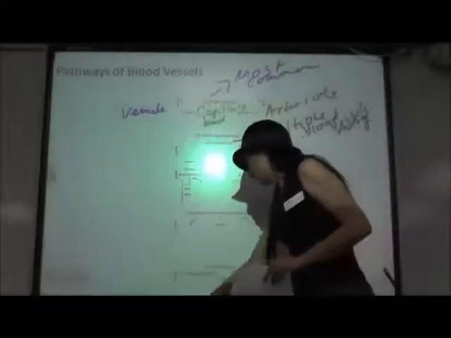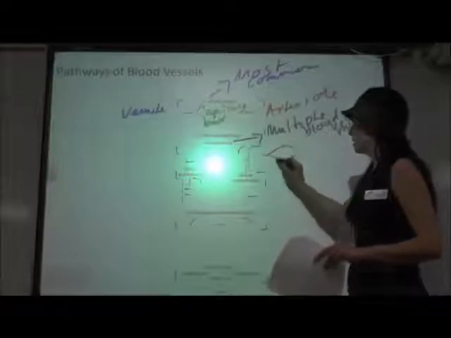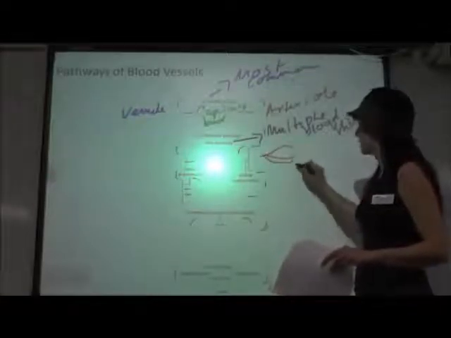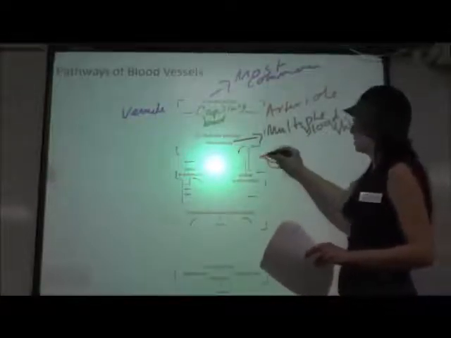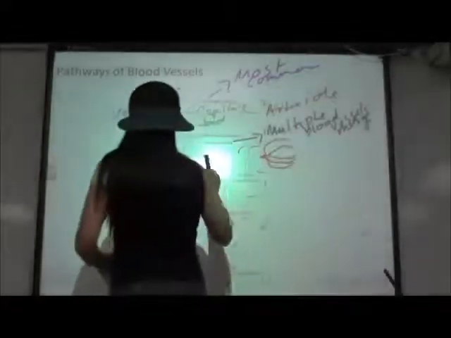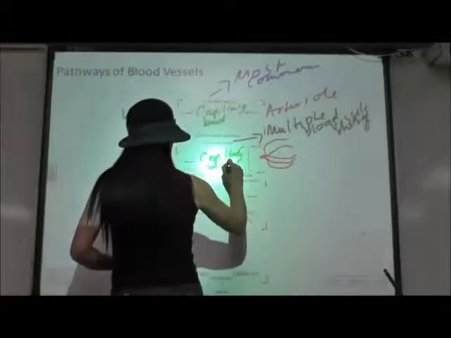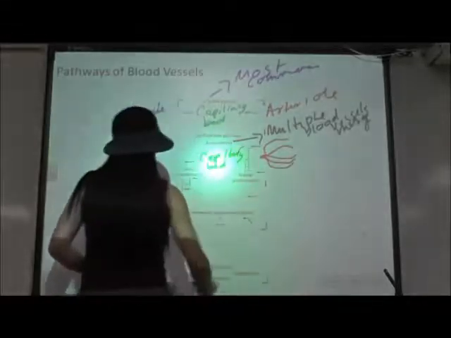So in an arterial anastomosis, you would have many arterioles coming together and forming a complex network, and then emptying into a capillary bed, and then being drained by just one venule.